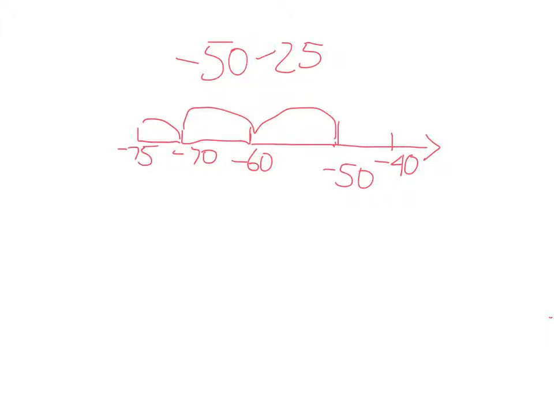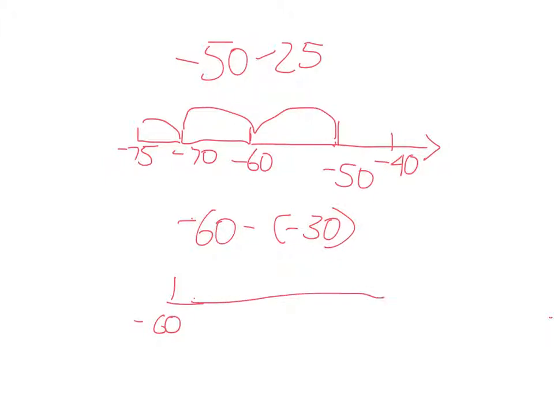Let's say we were doing minus 60 minus negative 30. So as you all know, two minuses make a plus. Instead of subtracting negative 30, we add its opposite. We go minus 60 plus 30. So we go minus 60, mark that. Now, I hope you all know you need to go to the right 30 spots.